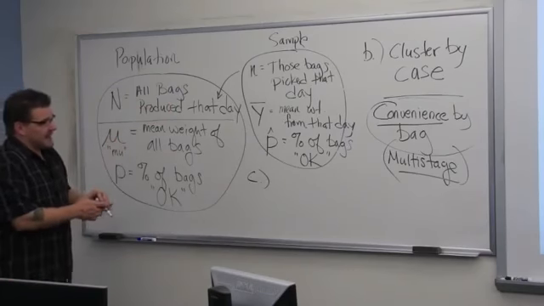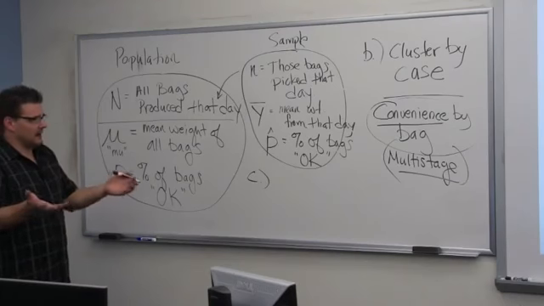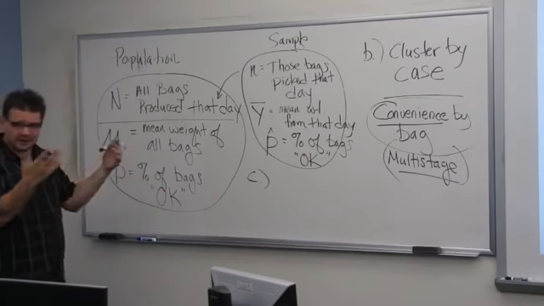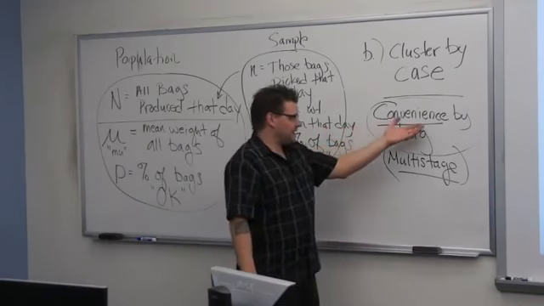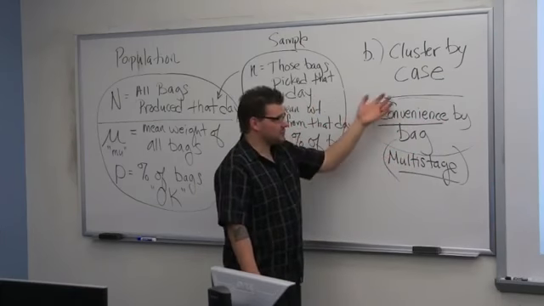When we cluster by case, I can't really imagine too many things that would go wrong. It's a great way to sample here. We're presuming all the cases are mimicking the population. When we're randomly picking or convenience sampling one bag out of each case, I don't really see much issue with that.